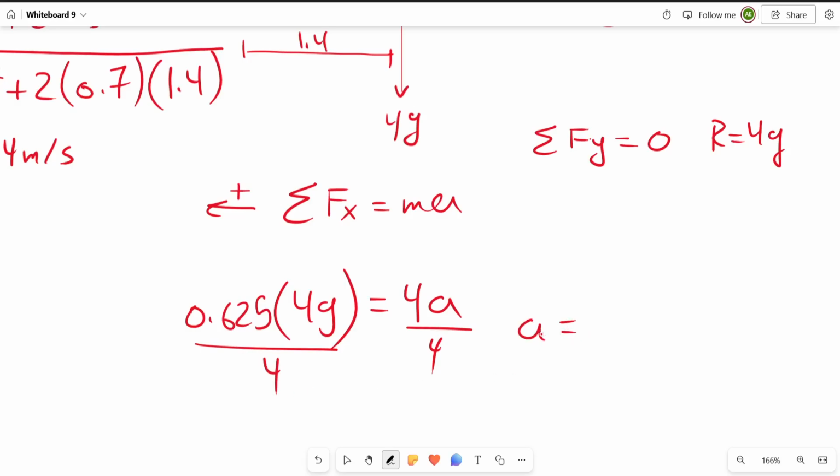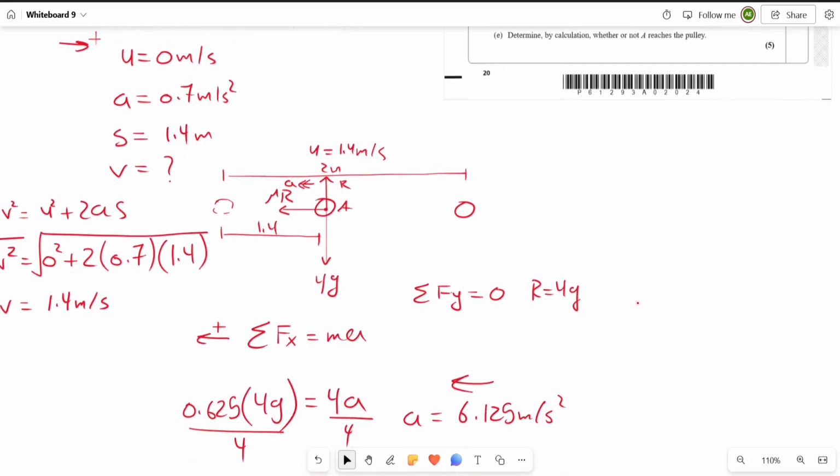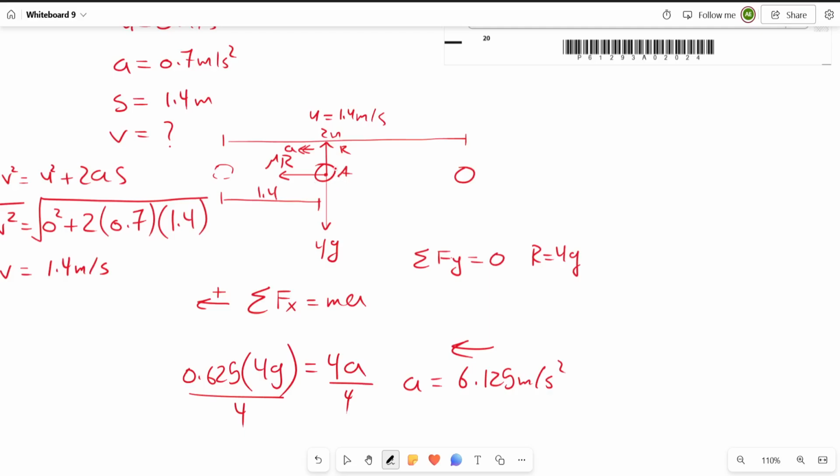Acceleration is going to equal 6.125 meters per second squared to the left. So now this is my acceleration over here. I have my acceleration equals 6.125 meters per second squared to the left.